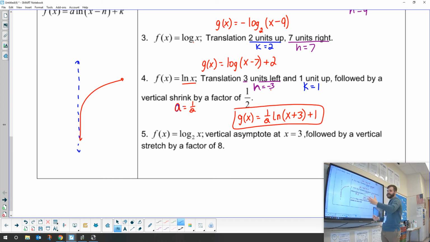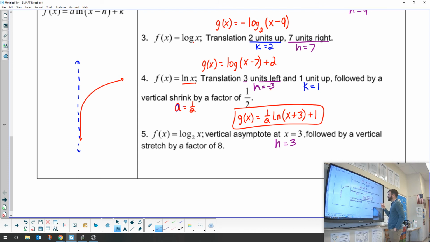It creates a space where my graph cannot touch. So if my vertical asymptote is here, and I move it, it starts at 0, and I move it to the right 3, what I'm really doing is I'm shifting my entire graph to the right 3. So that means that whatever my vertical asymptote is also going to be what my h is. So that's an important lesson. Whatever your vertical asymptote is also your h.